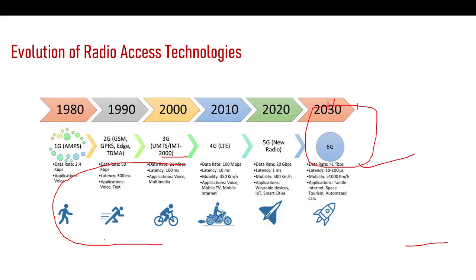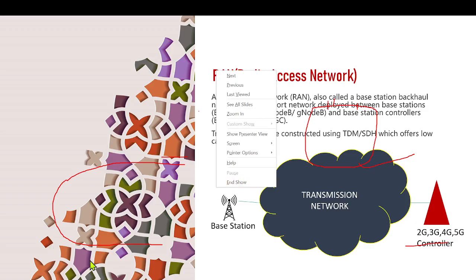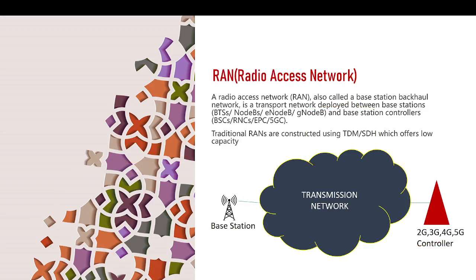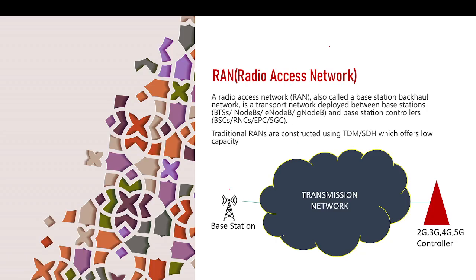So allow me to move to the next slide. We are now starting to talk about the RAN. RAN stands for Radio Access Network. Let me try to clear the drawings first. We have the base station here: the BTS, the base transceiver station, the eNodeB, and the gNodeB for 5G.